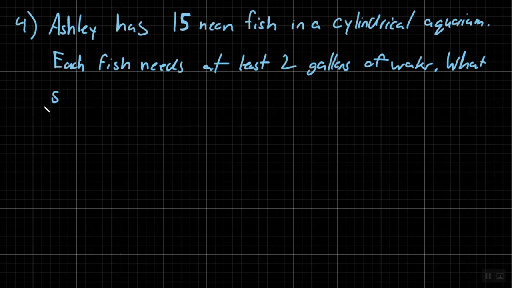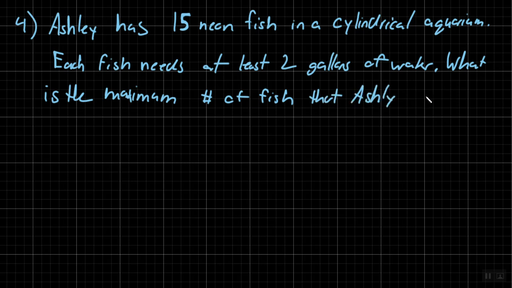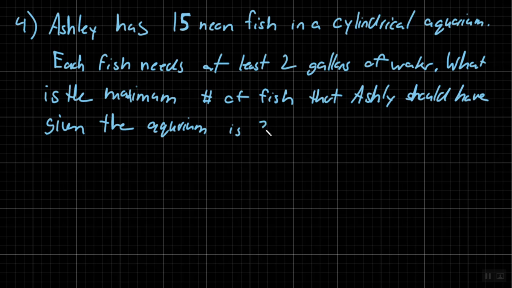What is the maximum number of fish that Ashley can have, given the cylinder, I'll say the aquarium, is 32 inches tall and has a radius of 8 inches?